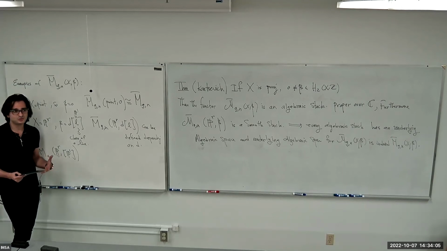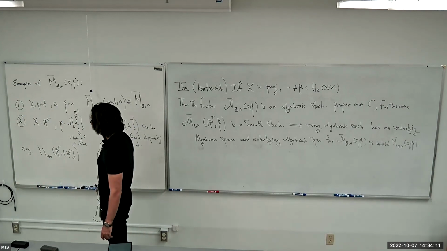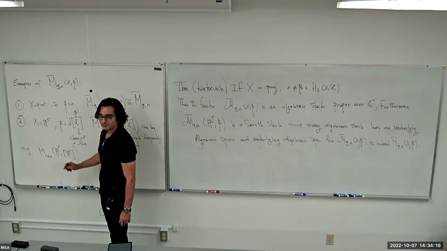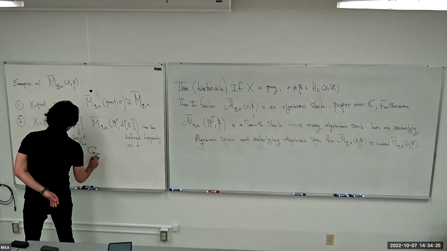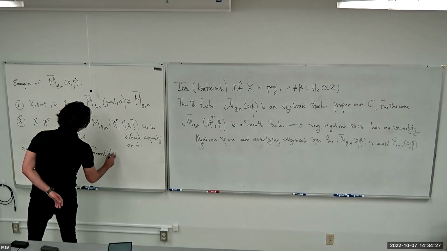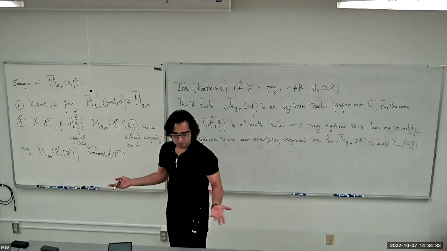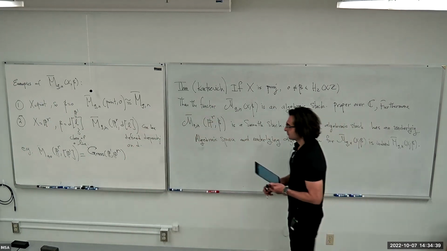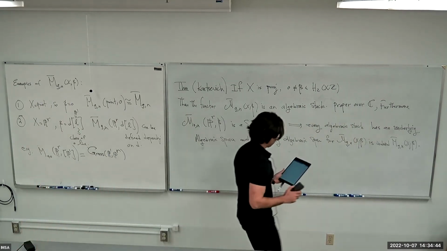What's the space that parameterizes the subvarieties of a given variety, subvarieties of dimension 1 sitting inside a variety of dimension r? Grassmannian. Right? This is the honest Grassmannian. Okay, so that's that.